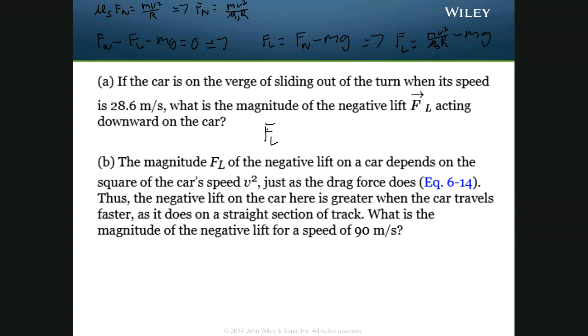We see that FL, the lift force, depends on the speed squared, so on a straight section of track you should have greater lift. So we want to know directly what the new lift force will be. Or we could call this FL flat, if you want to differentiate them. I'll take away this whoosh mark here.